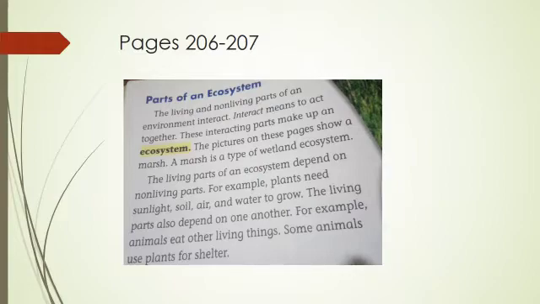The living parts of an ecosystem depend on non-living parts. For example, plants need sunlight, soil, air, and water to grow. The living parts also depend on one another. For example, animals eat other living things. Some animals use plants for shelter.